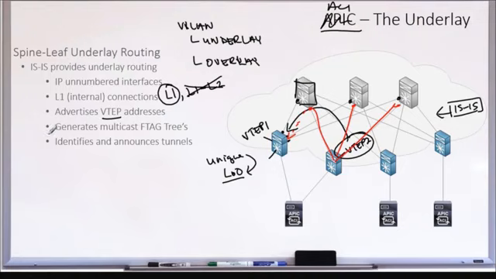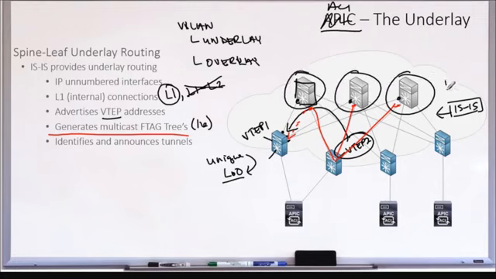We're also going to see that this generates these F-tag trees. If you have dealt a lot with FabricPath in the past, these F-tag trees are what we used to refer to as our multi-destination trees. We'll find with ACI that we're going to build 16 of these trees no matter what. So 16 divided by 3 spines, this is going to be the responsibility of these spine switches. If I added another spine switch to this equation, so we had 4 spines, this 16 would be distributed pretty equally.